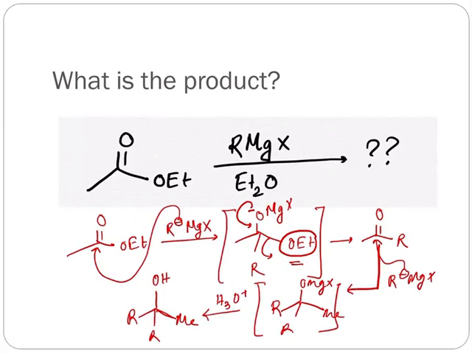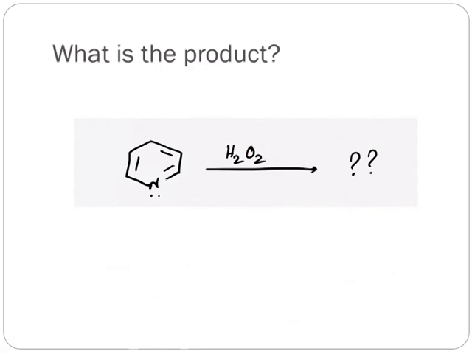That means when Grignard reagent reacts with ester, two equivalents of Grignard reagent are required to complete the reaction, and when it is completed it will give a tertiary alcohol where the two R substituents will come from the same Grignard reagent. So this is a very important type of reaction and may have the chance to come in GPAT as well as NIPER. Let's check another question.